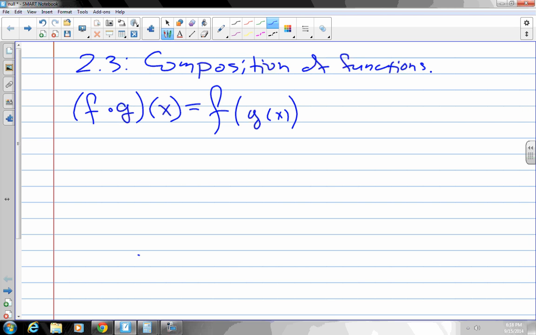Those were compositions. Whatever goes in the parentheses replaces your variable. So in this case, g of x will replace every variable in the function f, whatever that is. We will call g of x the inside function, and we'll call f the outside function.